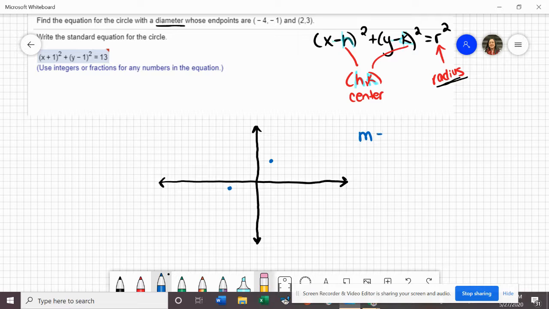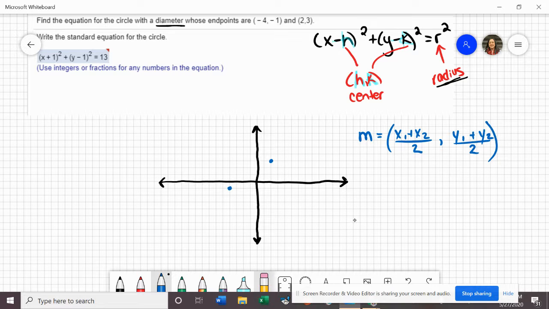Your midpoint is found by taking your two x values, adding them together, and dividing by 2. And then you take your two y values, add them together, and divide by 2.